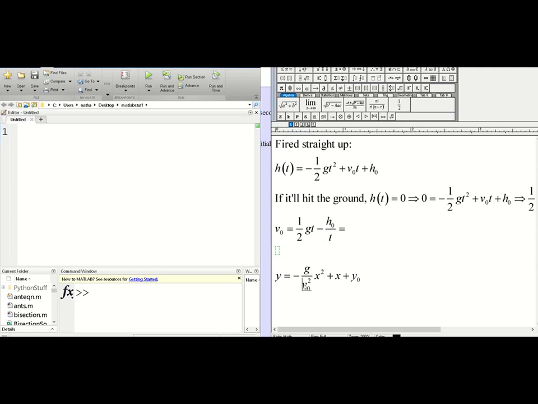Okay, so what was it? There was a 1/2 V naught squared cosine squared of theta, it says tangent of theta.